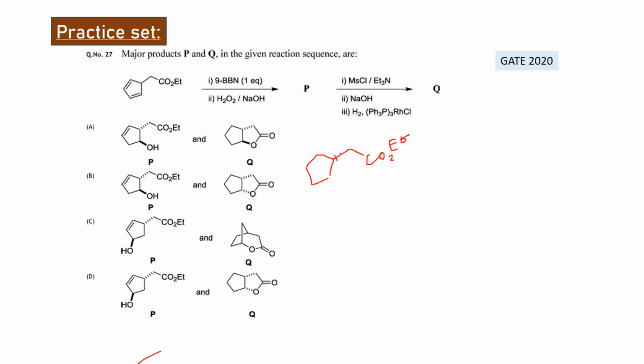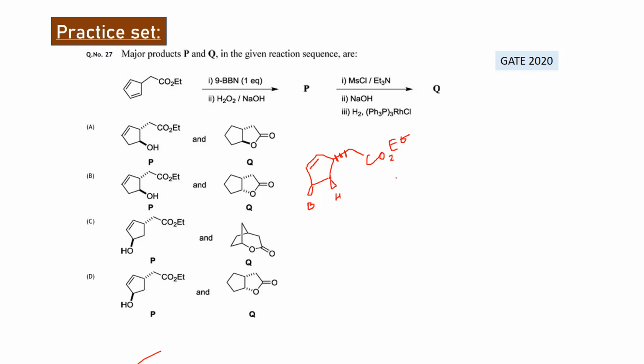Suppose they have taken this as below the plane, so obviously the 9-BBN will approach from above the plane. Due to the presence of this carbon-carbon bond, tertiary carbon, this center is a bit bulky, so boron will be added to this plane, whereas the hydrogen will be added to here.